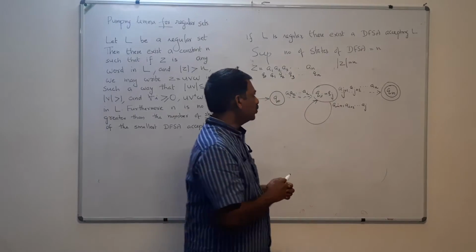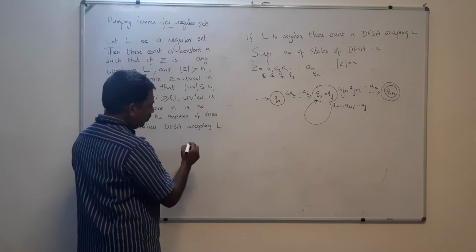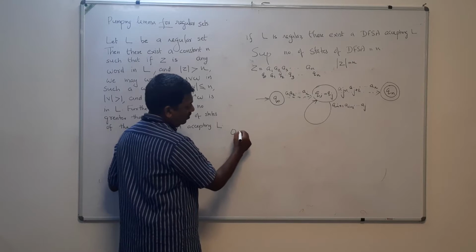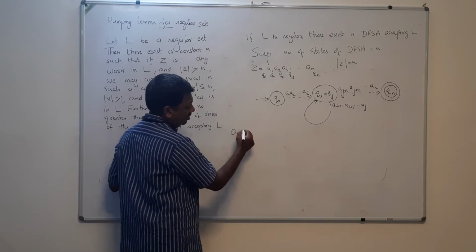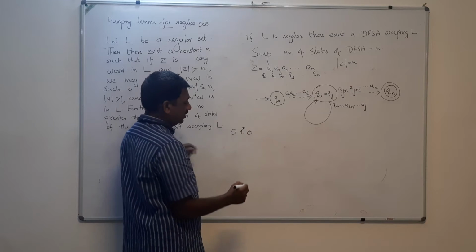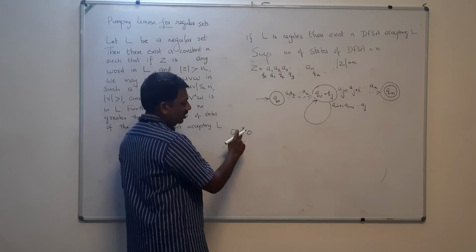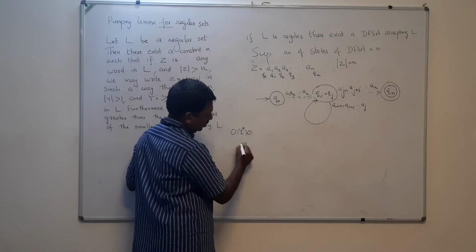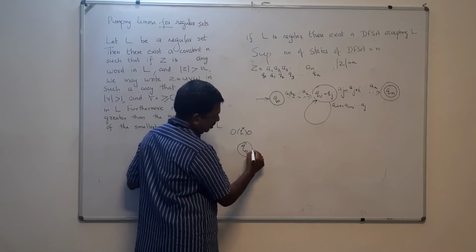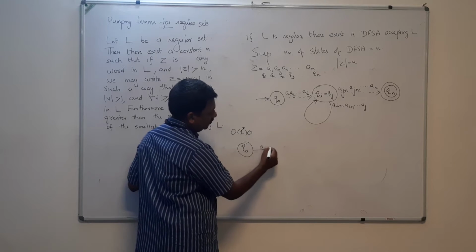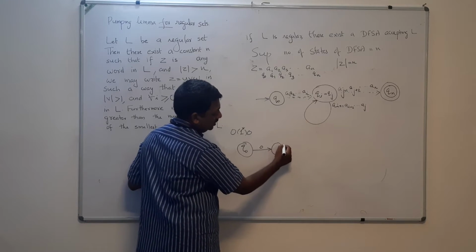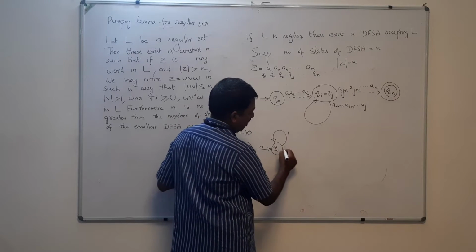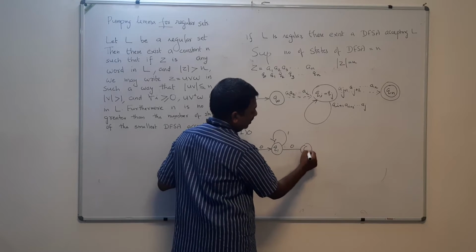For example, I'll show you an example. Suppose that you are having, say, 01*0. That means here 1 star means this one is repeating. Here this is q0, and q0 on accepting 0 is moving to another state, and on accepting 1 it is repeating in the same state, and on accepting the next 0 it reaches the final state.